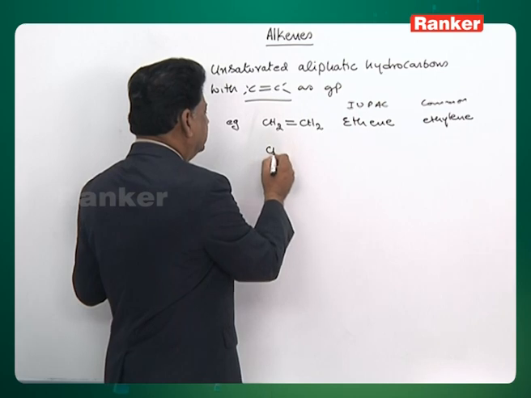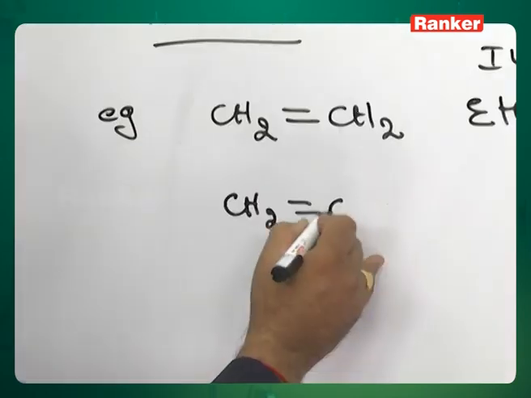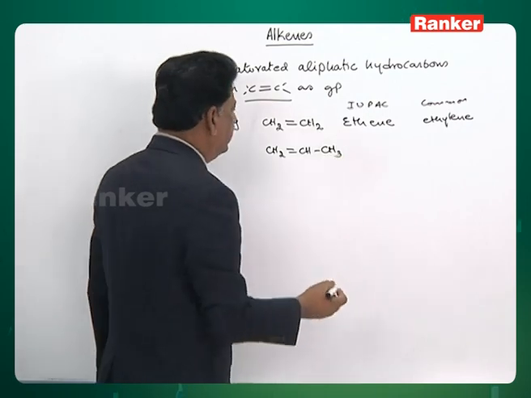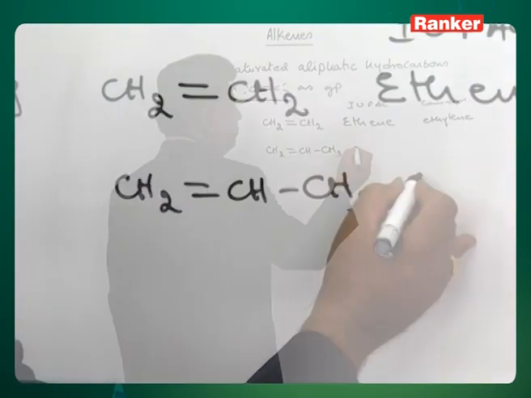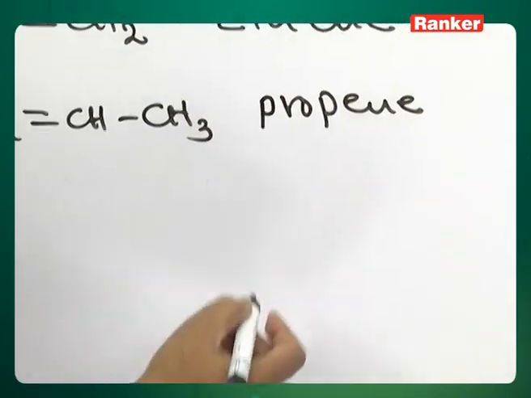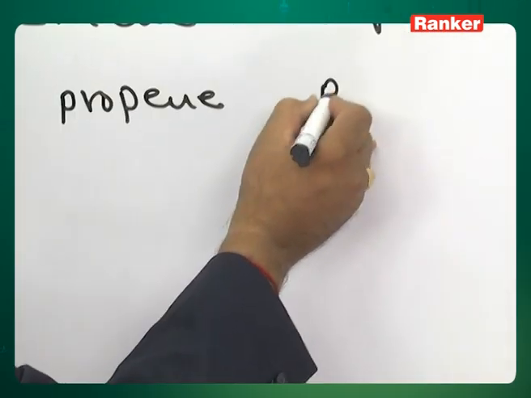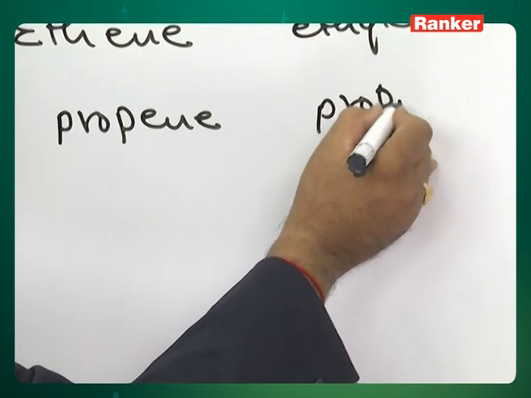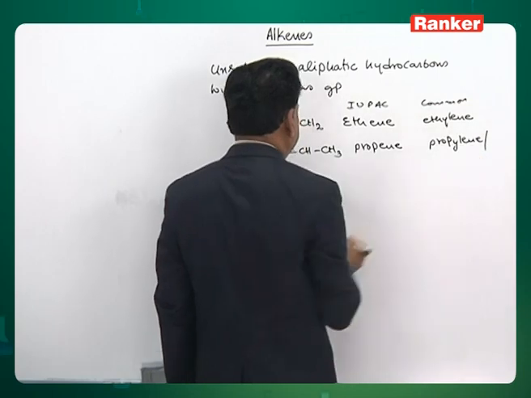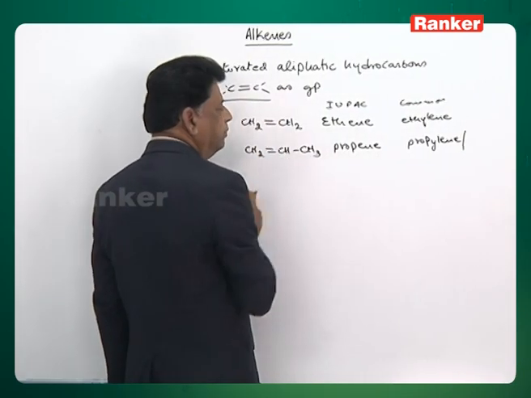So, old names are still in practice, ethylene is the common name. If the compound is slightly bigger than this one, then with three carbons, this is known as propene. Three carbons, so therefore propene. Commonly you can call it propylene, or it is also known as ethylene plus one methyl extra.